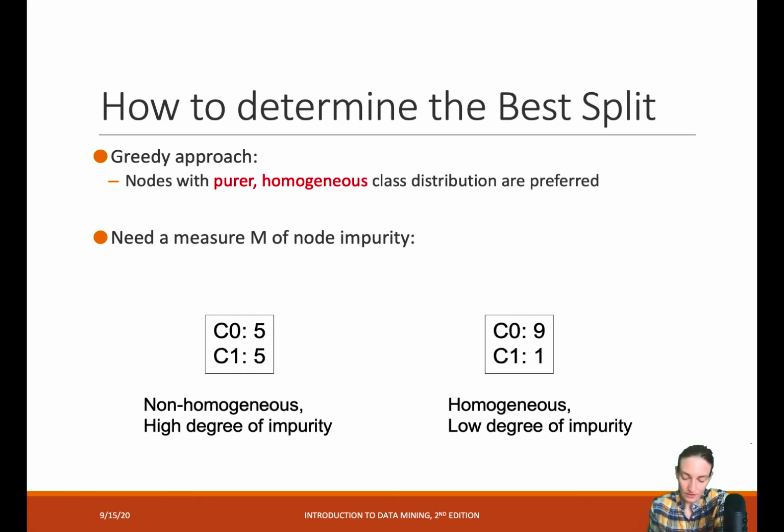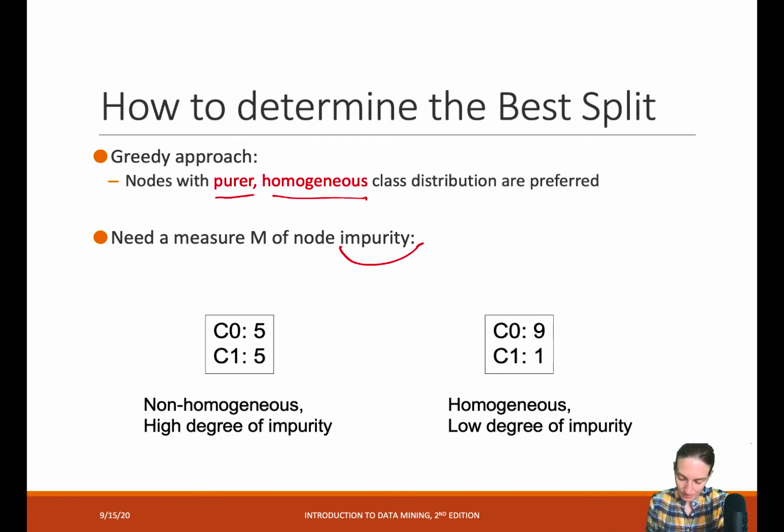In a greedy approach, like Hunt's algorithm, we choose nodes with a purer, more homogeneous class distribution. What does this mean? This means we need a measure of impurity, so we can select the most pure nodes. Okay.